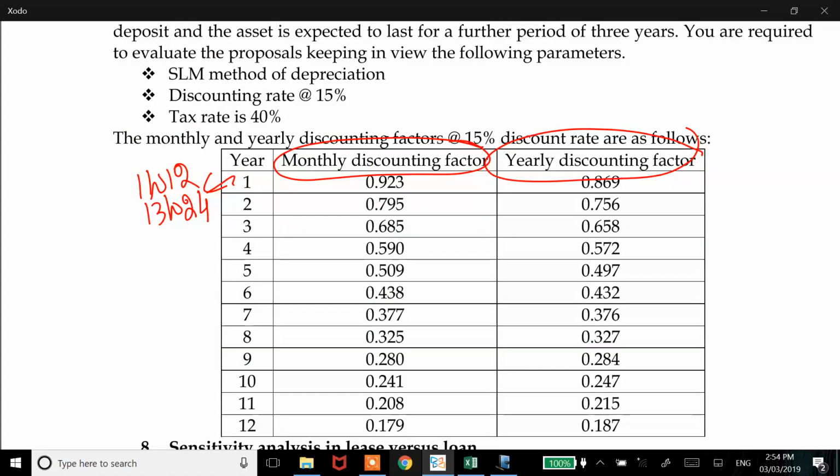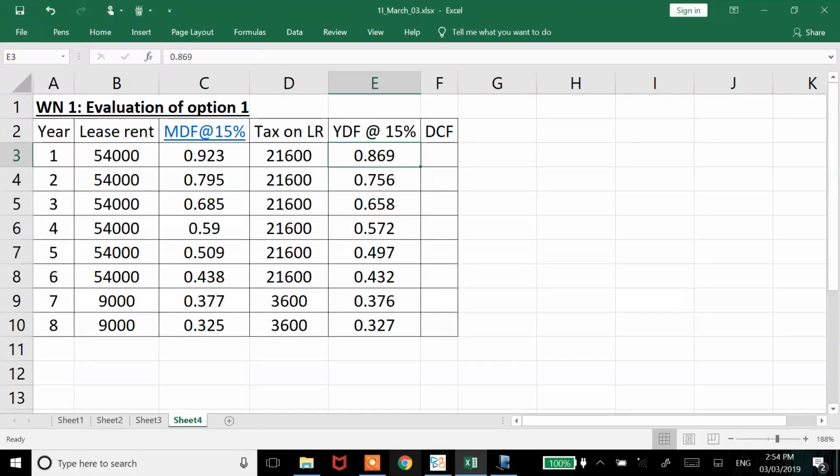Factors are copied from the question. The DCF number is LR into monthly discount factor minus tax on LR into yearly discounting factor. Tax on LR is a saving.